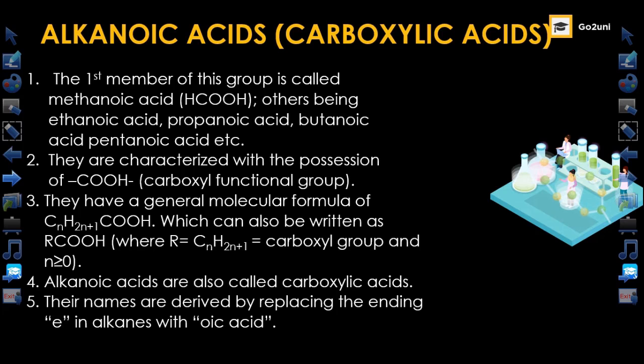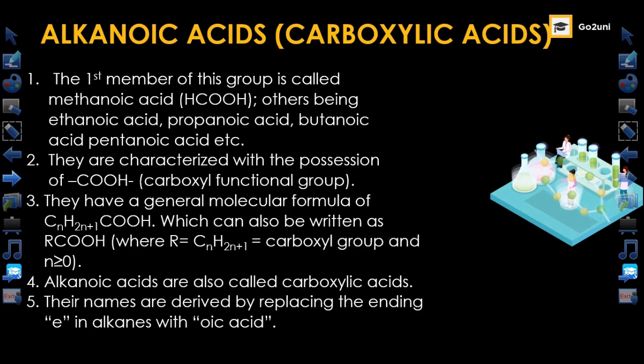Alkanoic acids are characterized by the presence of a functional group, which is COOH. So the functional group of alkanoic acids is COOH, and they have a general molecular formula of CnH2n+1COOH.